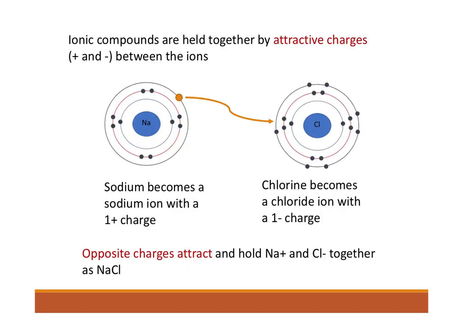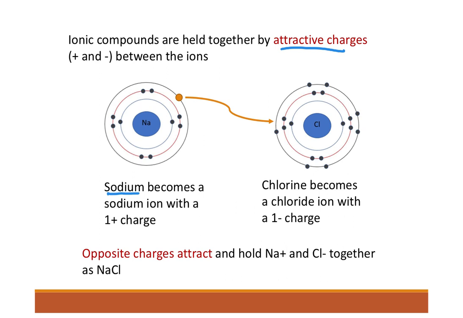So ionic compounds, when you're making an ion, a positive and a negative charge, then those atoms are held together by the attractive charges. Opposites attract, just like 2 magnets will attract together, positive and negative charges will attract together. Sodium chloride, a very familiar ionic compound.